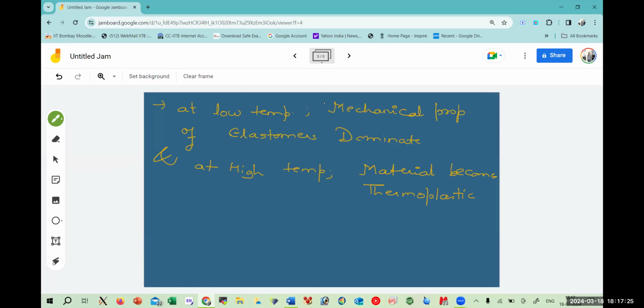Because the cross links of the duroplastic domains will cleave. So in this kind of material, at low temperature the elastomer property would dominate, and at high temperature the cross linking in the material would cleave, and therefore it becomes a thermoplastic. So this is all about the elastoplastic materials, which are also called thermoplastic elastomers.